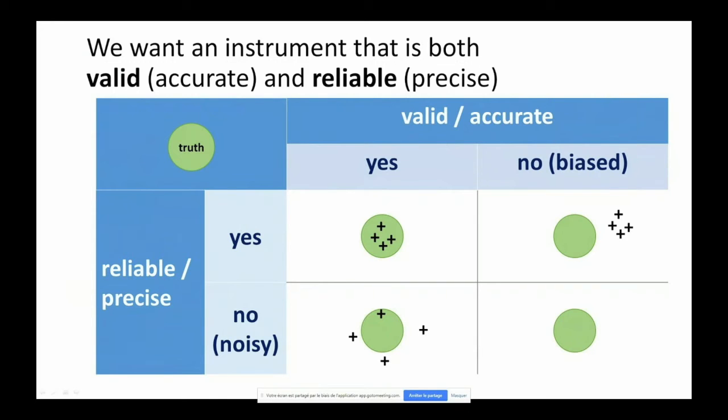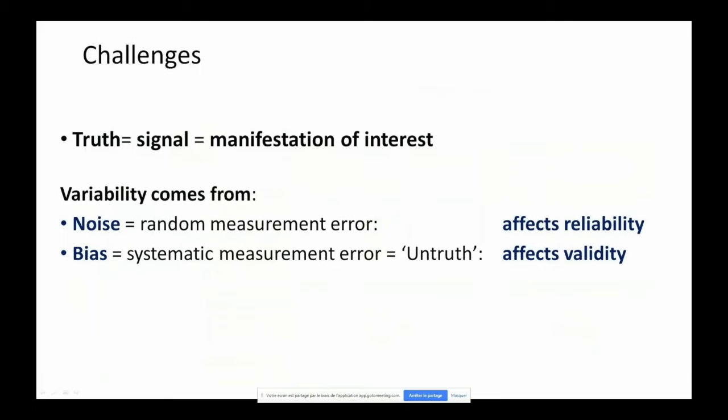Sometimes the instrument is very reliable but doesn't capture the truth, so it is not valid, and in that case we can say that it is biased. Or the worst case, we have the worst instrument, that is not valid and not reliable.